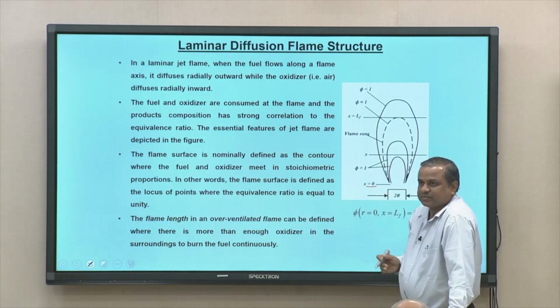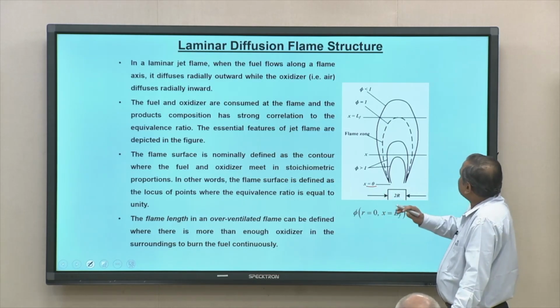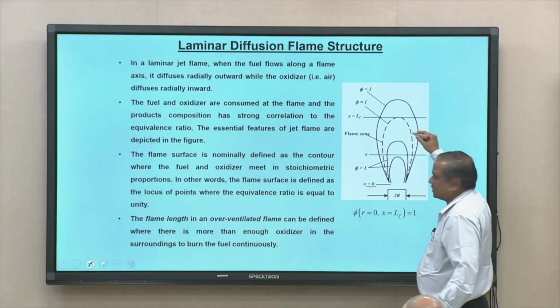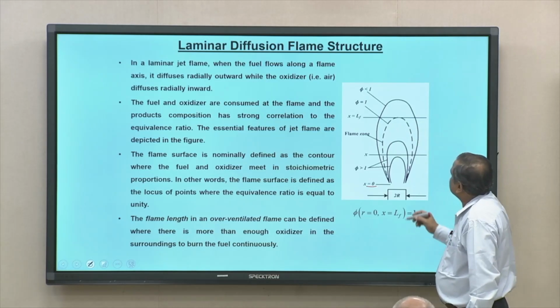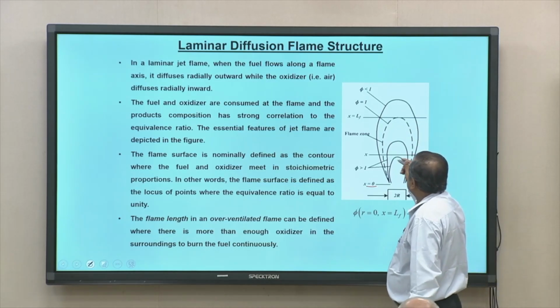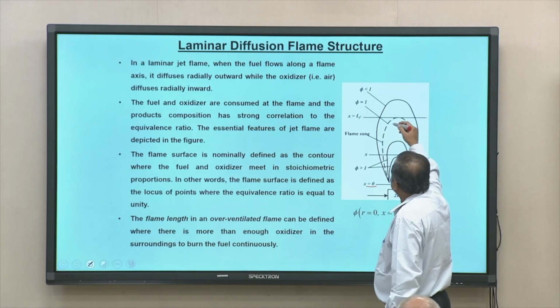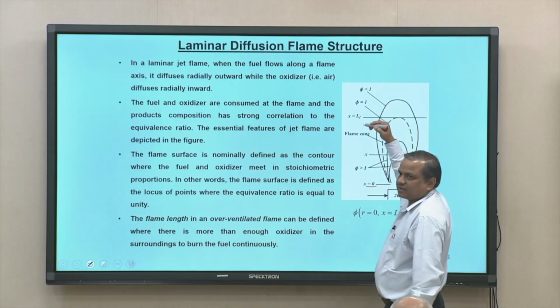Similarly, when you say laminar diffusion flame, we can have an imaginary domain or shape or a trace that specifies two regions, which is the fuel rich area and the fuel lean area.